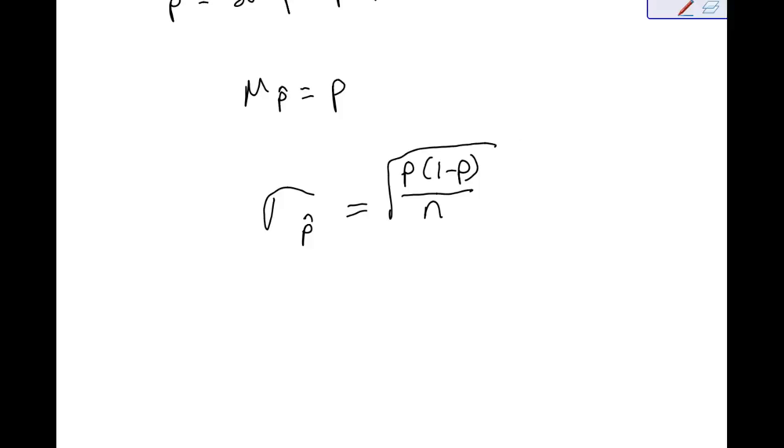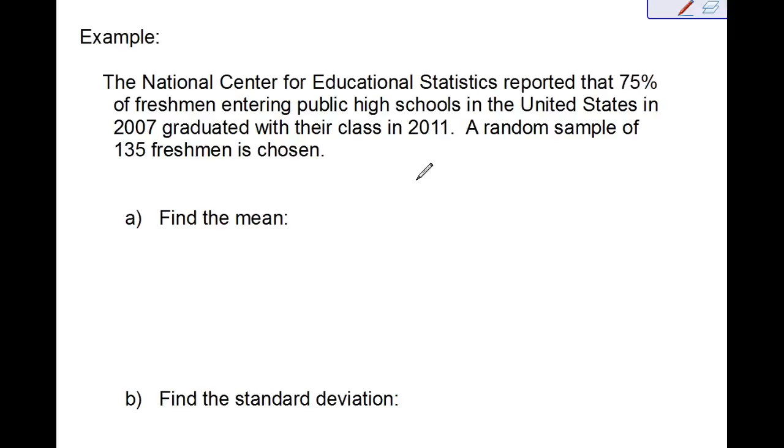Okay? So let's look at an example of how to find the mean and standard deviation. The National Center for Educational Statistics reported that 75% of freshmen entering public high schools in the United States in 2007 graduated with their class in 2011. So that means that 75% actually graduated on time, the other 25% did not. A random sample of 135 freshmen is chosen.